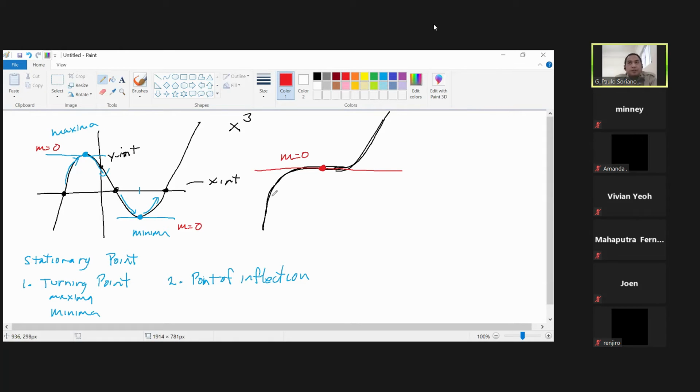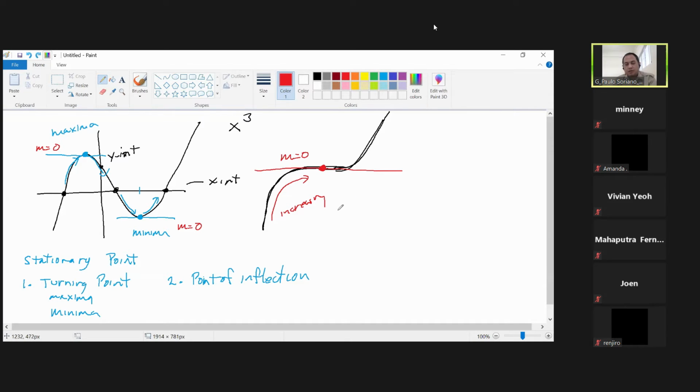However, the behavior of the graph is different from being a maxima or a minima. Why? Because if you check the left side of this point, the graph is increasing. It's an increasing function. And then to become a minima, it must decrease. It must go down, supposed to be.